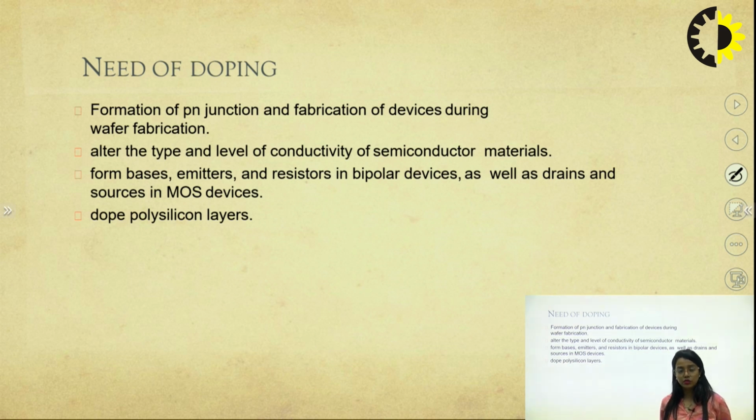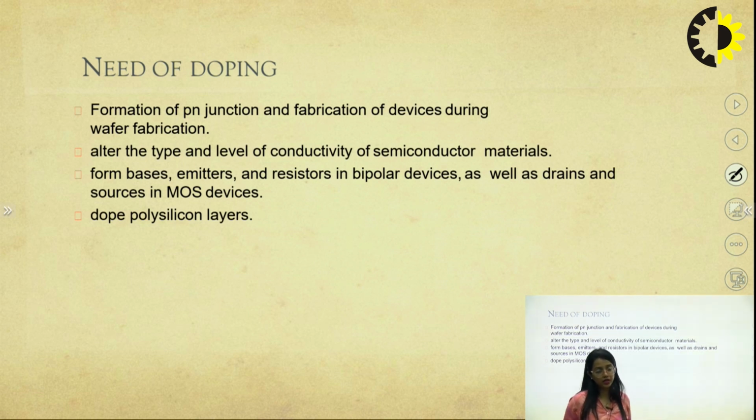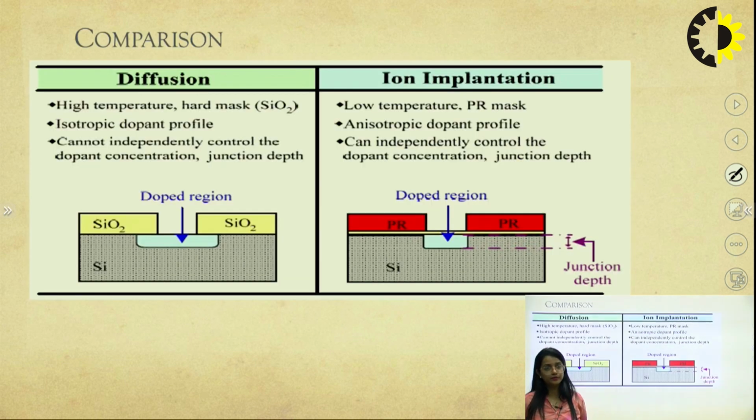We can change the type of semiconductor material, and it forms the different regions like base, emitter, or source, drain and gate. So with the help of doping we can achieve anything and everything, as well as drains and sources in MOSFETs. Also with the help of doping we achieve polysilicon layers. So this all is the purpose of doping.